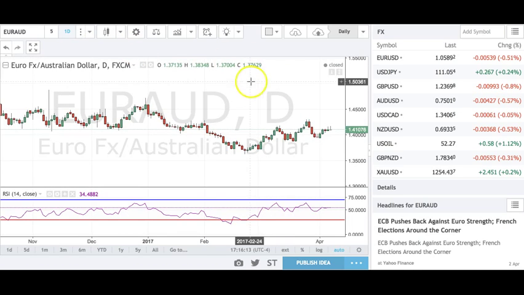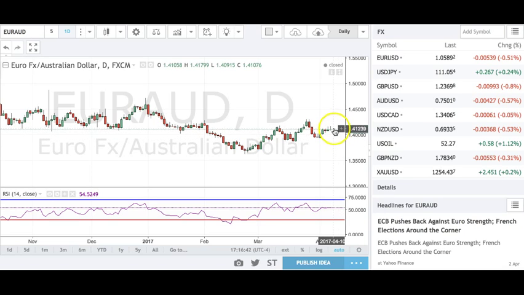So here's Euro Aussie. Euro Aussie is really in the midst of a very indefinite moment right now. It actually looks like it could have failed at around the 142 mark twice, but at the same time it's also holding the 141, and this is a very key moment. A break below the 140.50 level really pulls us all the way down towards the 140 and possibly even a lower test there.